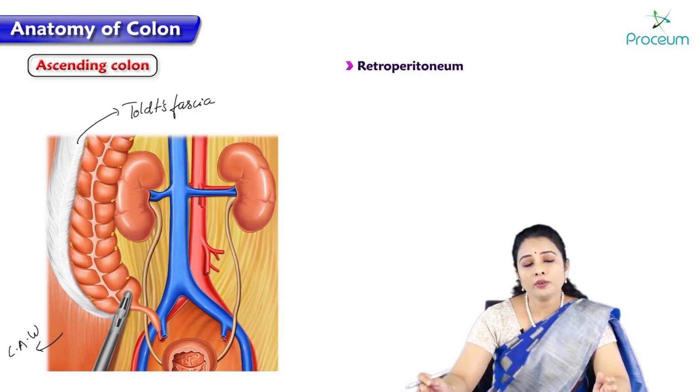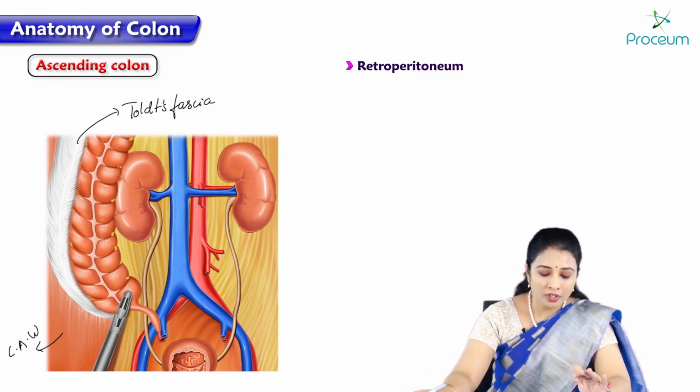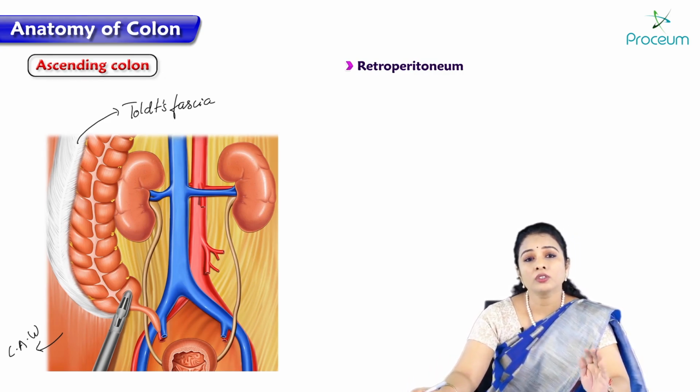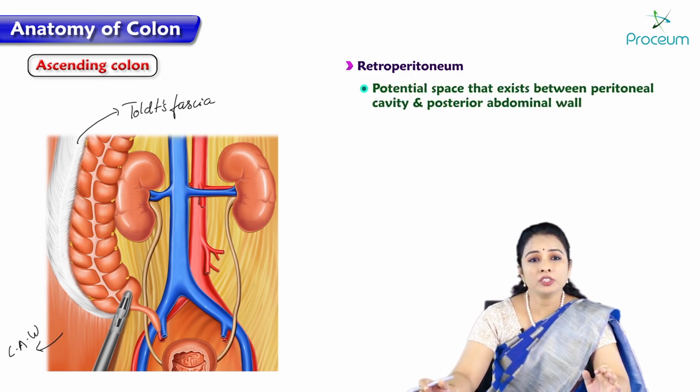Retroperitoneum means behind the peritoneum; the ascending colon is a retroperitoneal organ. The retroperitoneum is a potential space between the peritoneal cavity and the posterior abdominal wall.